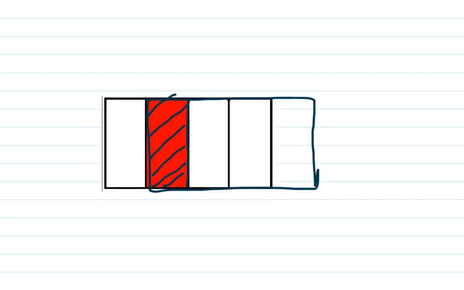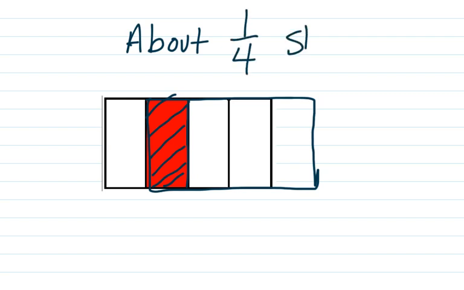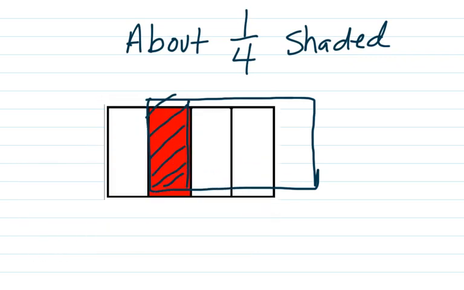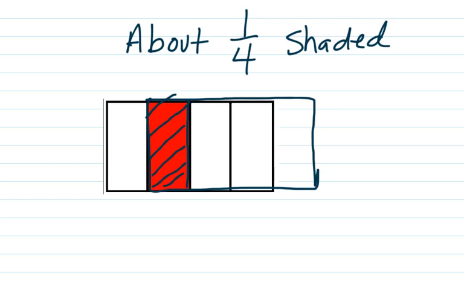I can say that this fraction is about 1/4. About 1/4 of that is shaded, because remember, I use one of my benchmark fractions to compare and find this unknown fractional amount.